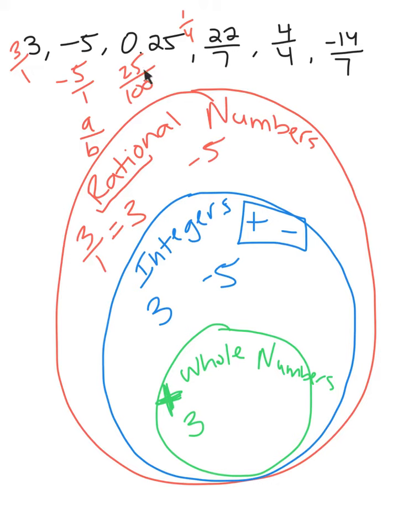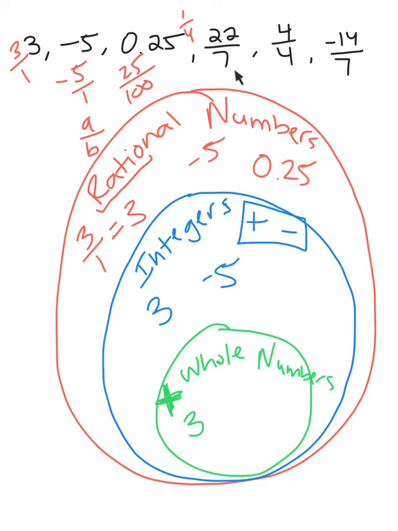Both of those forms are ratios. So I know that 0.25 is a rational number. I also know that 0.25 has to be written in decimal form or in a ratio form. So it cannot go into my integers category.